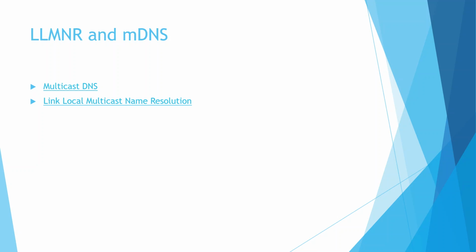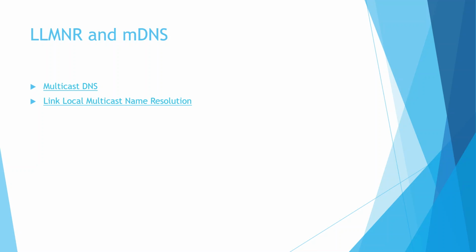Now, something that's a little bit newer is multicast DNS, and something that's been around for a long time, excuse me, which is going to be link local multicast name resolution. Both of these are going to be kind of interesting in their own way. So mDNS was kind of made popular by Apple products in general, and so we're multicasting for DNS queries.